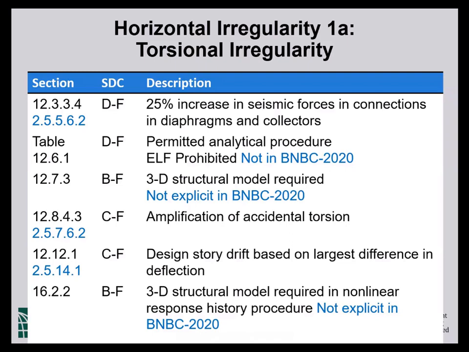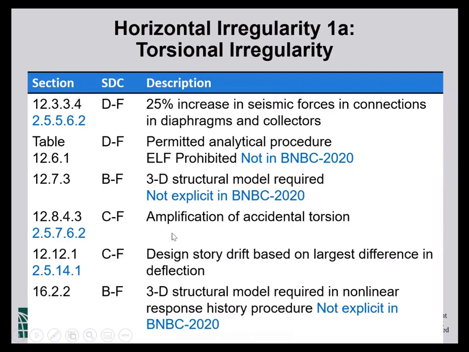Next section, amplification of accidental torsion. This is section 12.8.4.3 of ASCE 7-05, and 7.6.2 of BNBC 2020. We will take a look at that. The next thing is design story drift based on largest difference in deflection. We will take a look at that also.